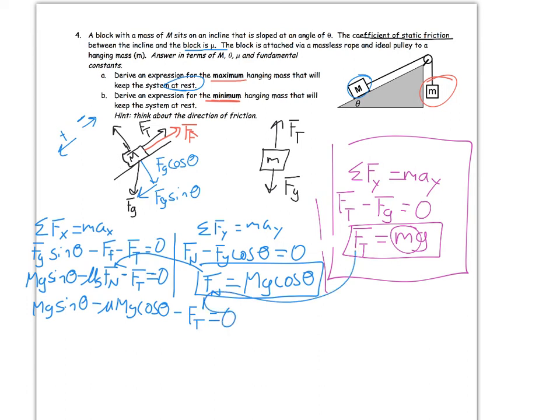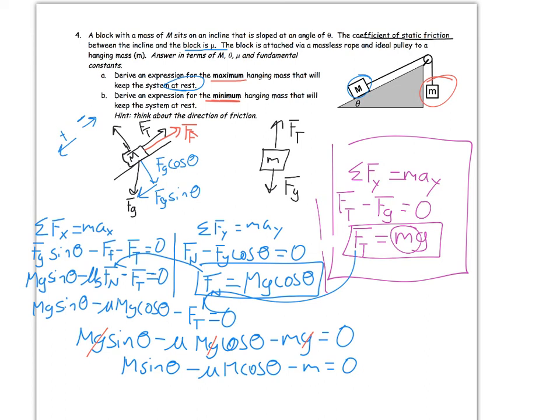Plugging in that Ft, we end up with big mg sine theta minus mu times big mg cosine theta minus little mg equals 0. The g's cancel out here, and I can go ahead and solve for little m. And so I end up getting big M sine of theta minus mu big M cosine of theta equals little m. Just like last time, I can factor out that big M and simplify it, although this expression is perfectly okay as well.